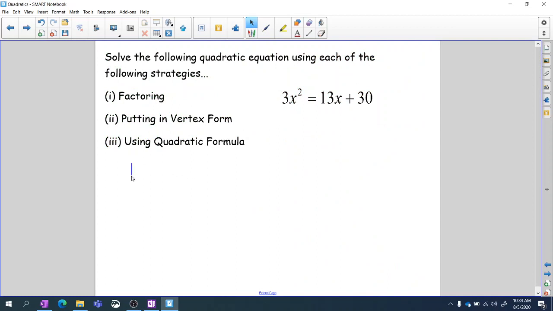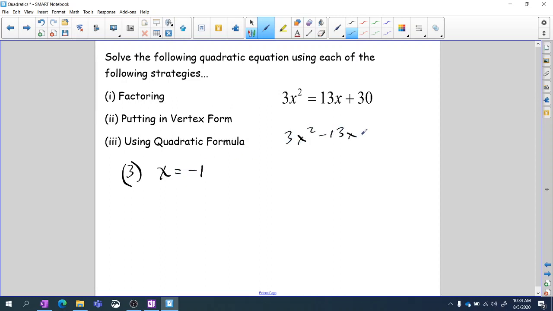So here it would be with that third strategy, the quadratic formula. With 3x squared subtract 13x subtract 30 equals 0, x equals negative b, so negative b would actually be positive 13, plus or minus the square root, so b, which is negative 13 squared, is 169. Subtract 4, multiplied by the a value, multiplied by the c value.